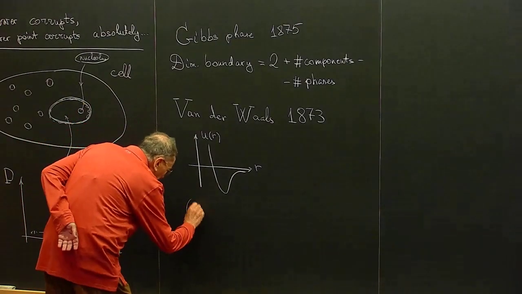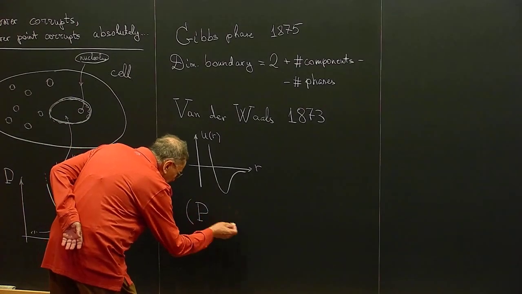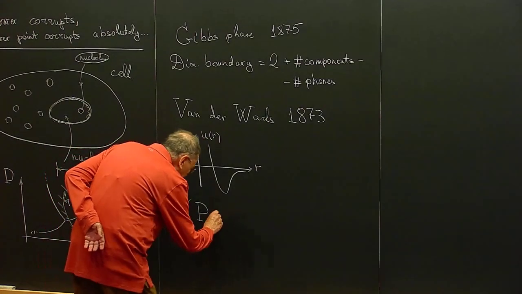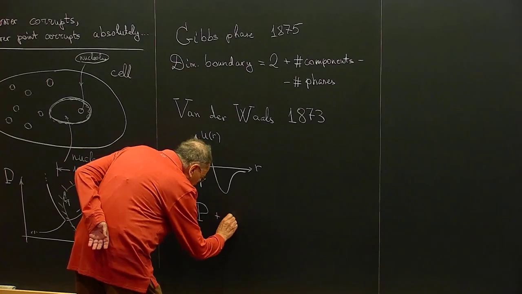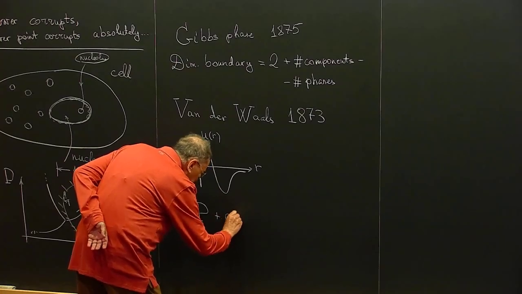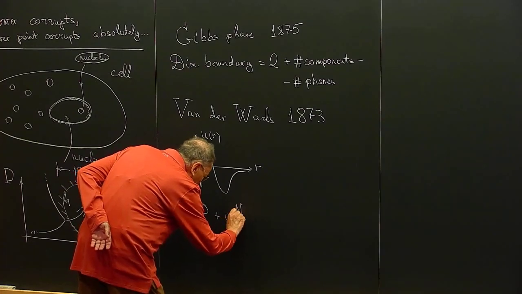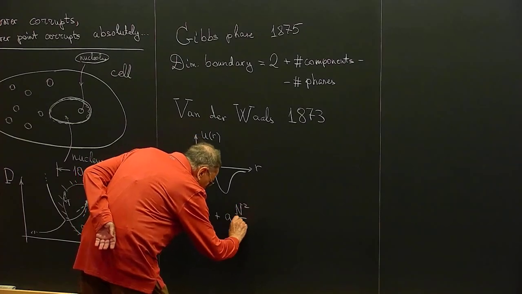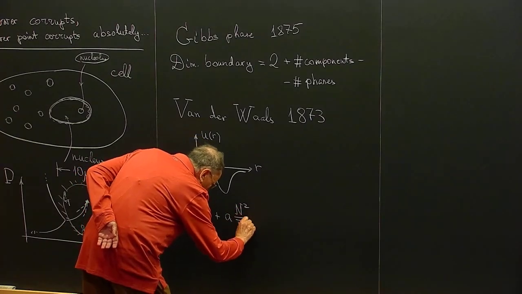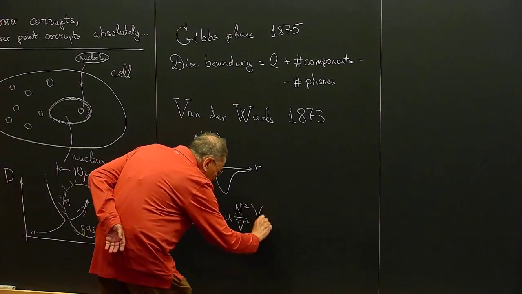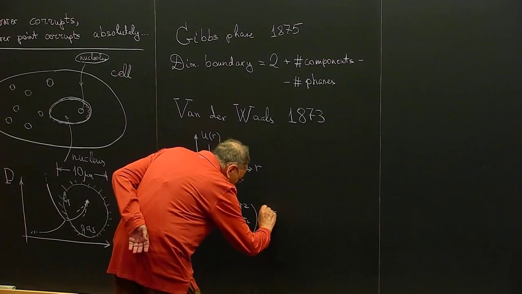Okay, so what van der Waals did is he wrote an equation of state that, if you remember your textbook, is usually written in this way.